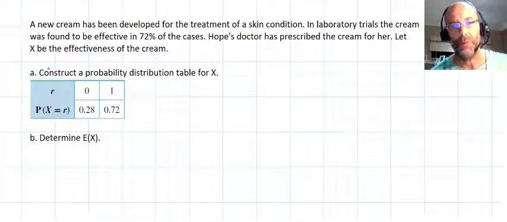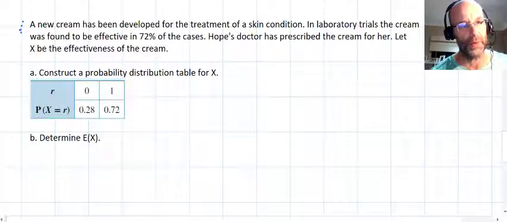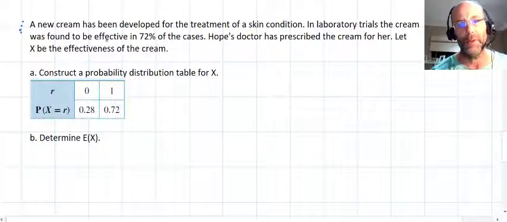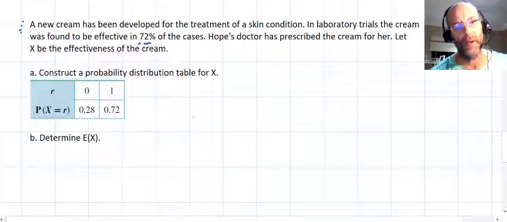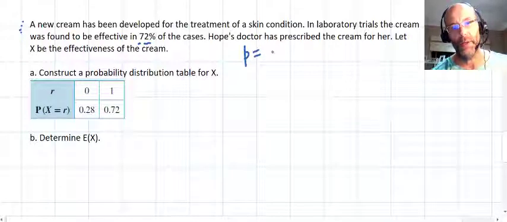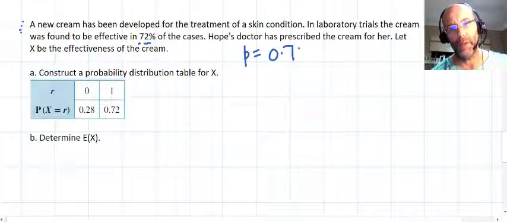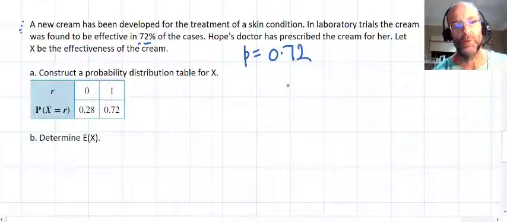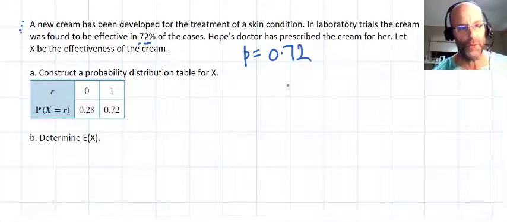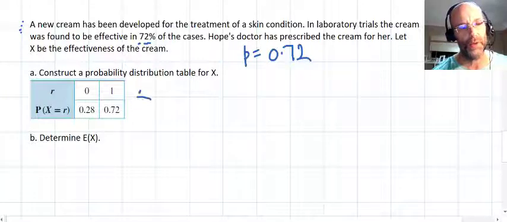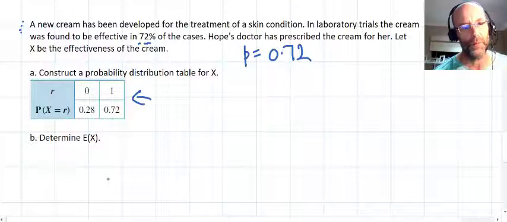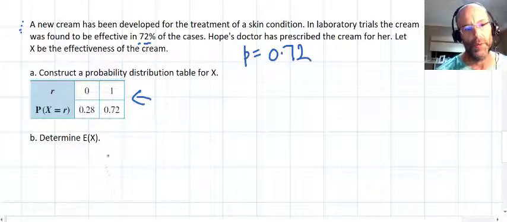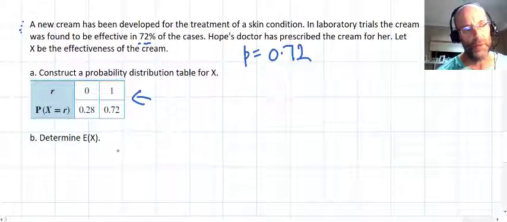In the previous video we saw this worked example about a cream. Lab tests say it's effective in 72% of all the cases. From that you determine that lowercase p is a constant, it's a Bernoulli trial, and it's 0.72, because we want the person to be successful. And we saw the first part, the probability distribution, in the previous video. Now let's use all that to determine the expected value of x, or the mean.